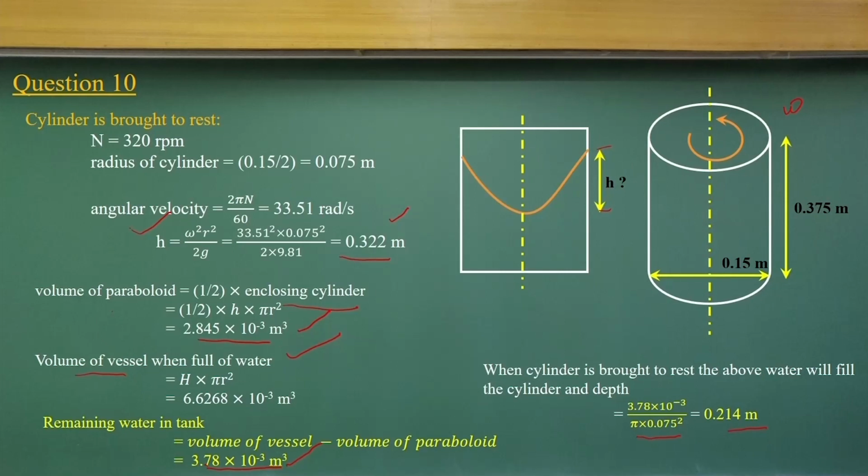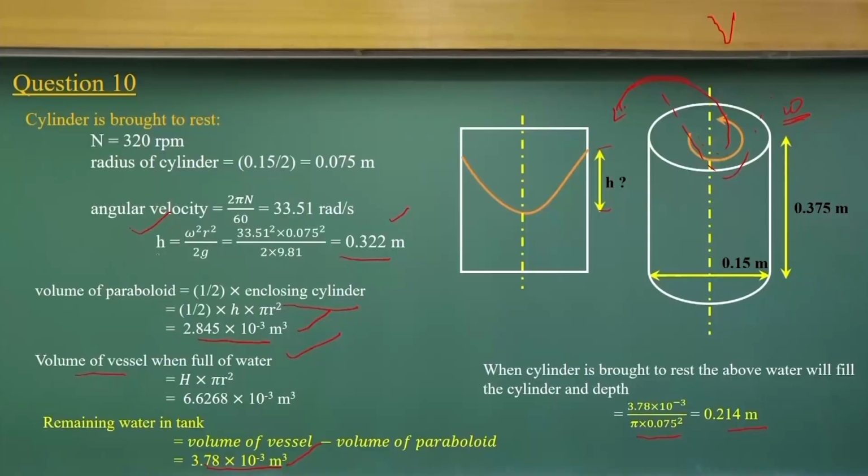Again, let me talk about this conceptually. When we rotate a cylinder filled with water with angular velocity omega, it will create a free surface like this of height h. The remaining amount is the water that will be spilled out from this surface.